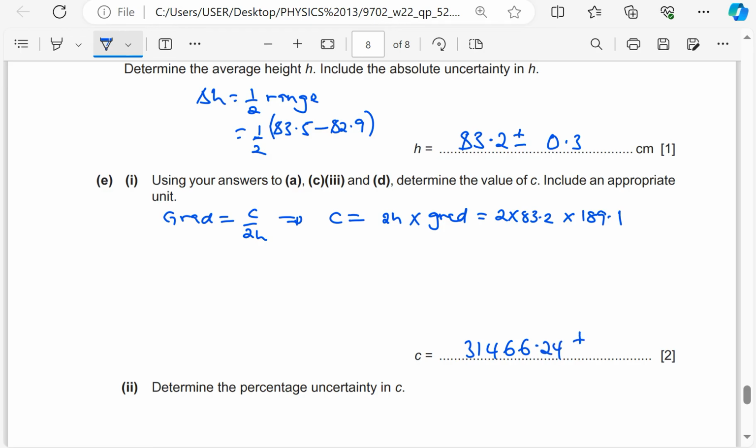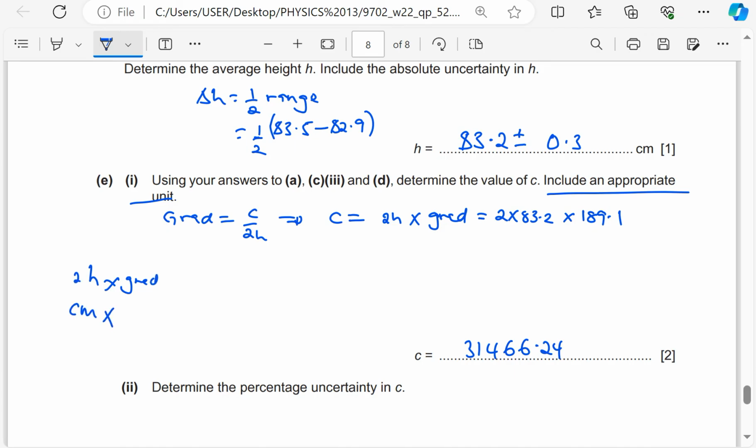They've not asked for the uncertainty here, so I'll just write this. But they said include an appropriate unit. Okay, H is in centimeters. H times the gradient. H is in centimeters.